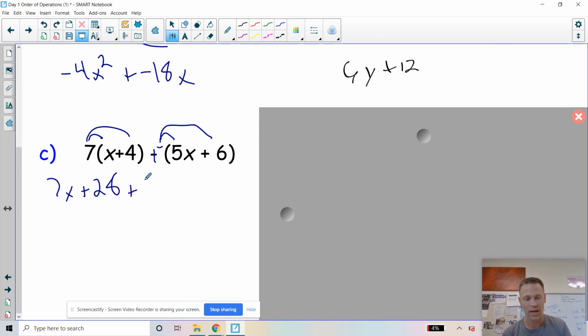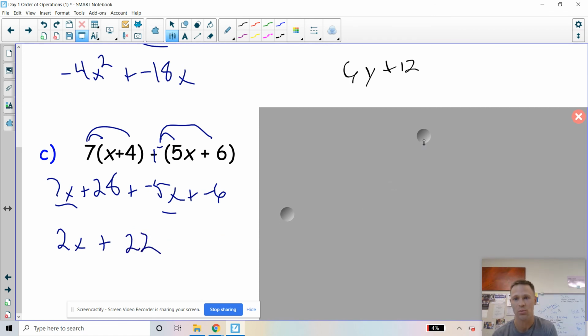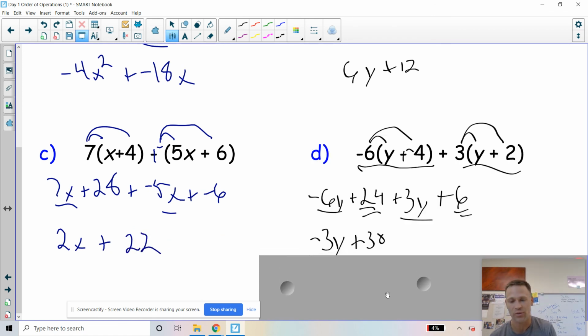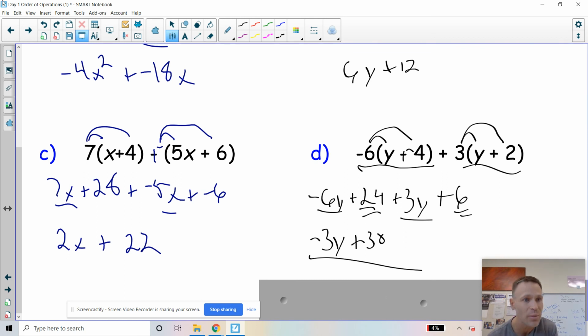It's negative 1 times 5x, so negative 5x. And a negative 1 times 6, so plus negative 6. And now I have to combine like terms. That is going to give me a 2x plus 22. So again, I cannot combine like terms. This is what I'm left with. Here is this one for your viewing pleasure. I am going fast because my computer's about to die.